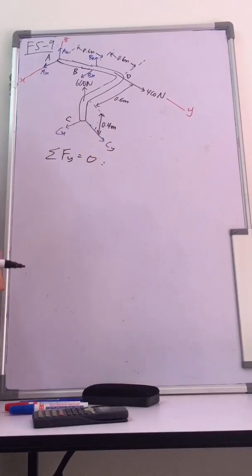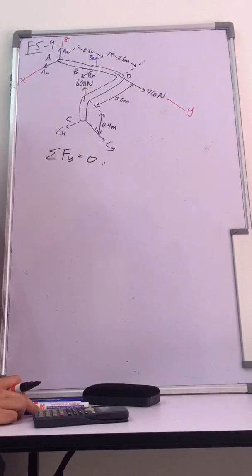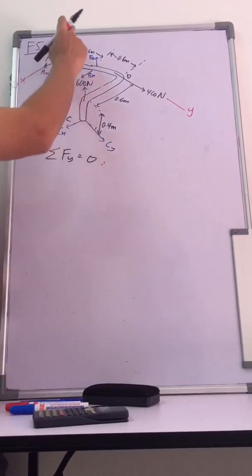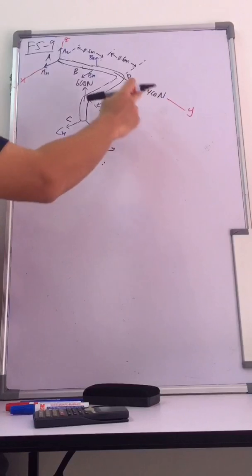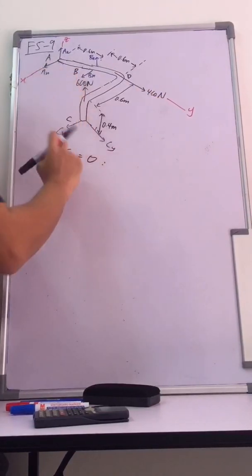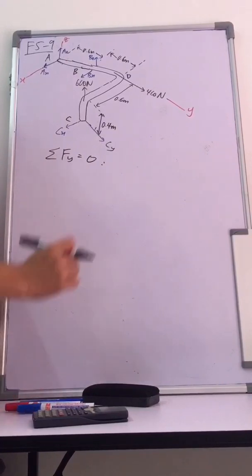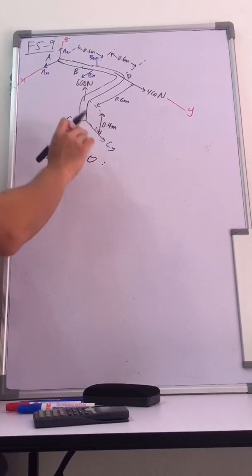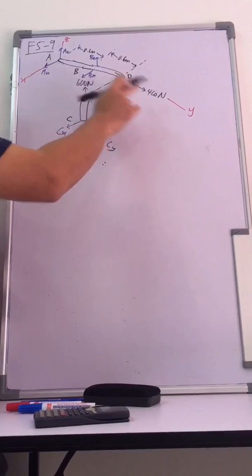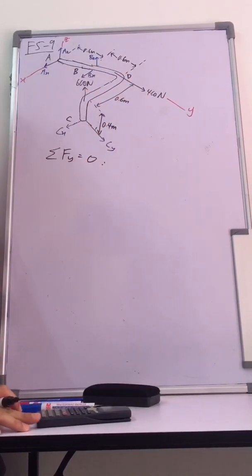Why is that so? You notice that in this problem, this is x, this is z, this is x, this is z, isn't it? This is y, this is z, this is x, this is y. So can you see that in the y direction forces, you just have Cy and 400 Newton, right?